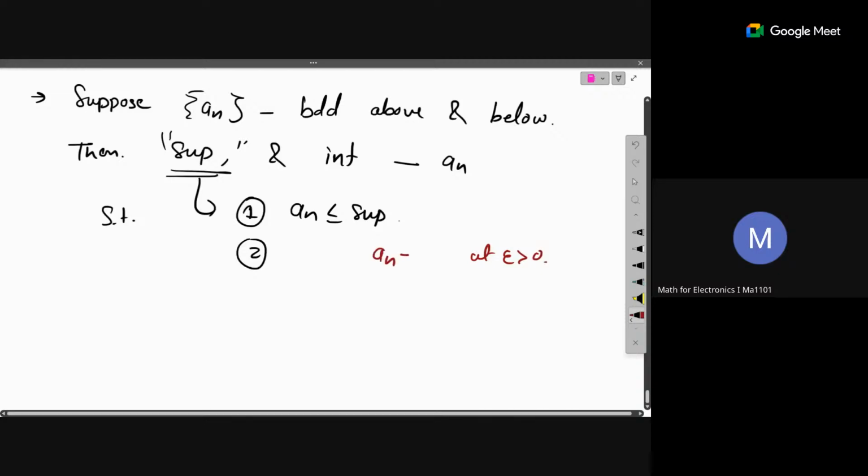If you go a little below the supremum, you will find a sequence term which is greater than that particular line. This is the supremum minus epsilon. Sorry, I wrote it the wrong way here.